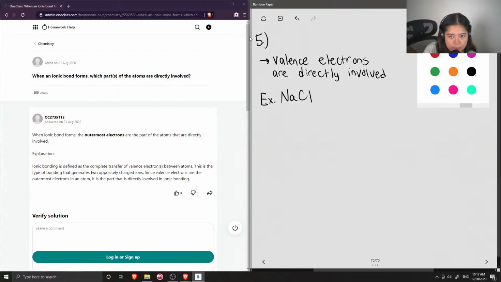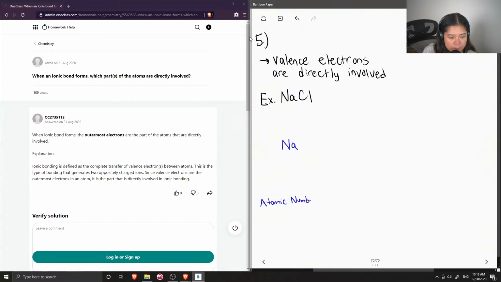and we start off with our two atoms. So we have sodium, and it has an atomic number equal to 11. And since this is the number of protons when it is a neutral atom, it has the same number of electrons.